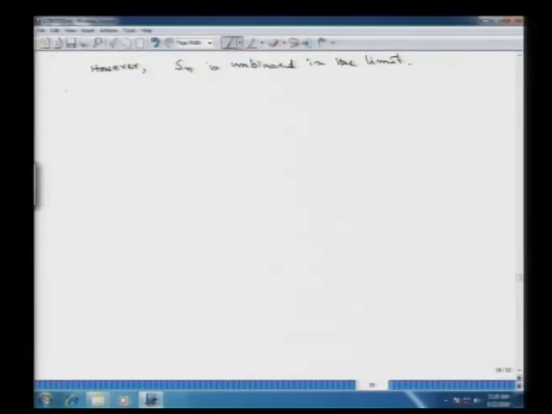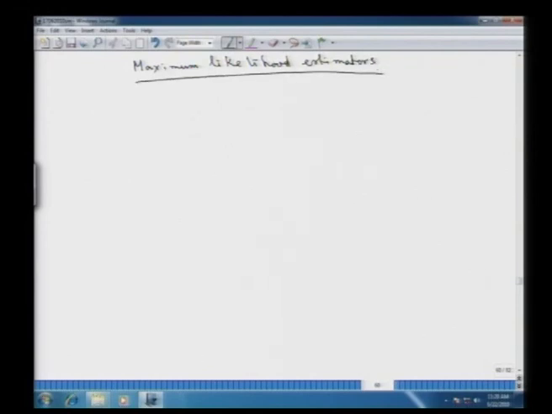Now, let us move on to another important estimation procedure, which is the maximum likelihood estimator. We will be deriving the MLEs corresponding to these unknown quantities mu and sigma. We take the most general case where mu and sigma are unknown.